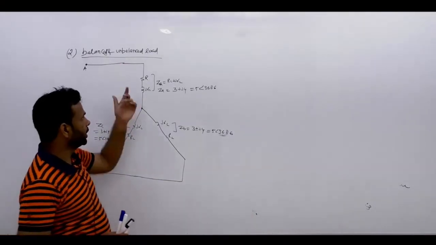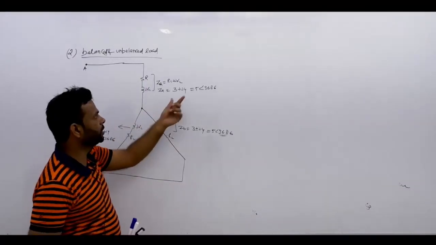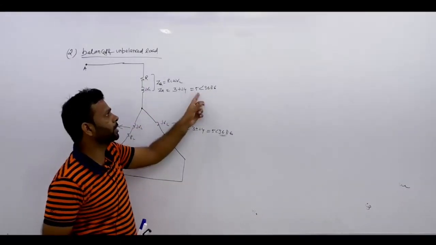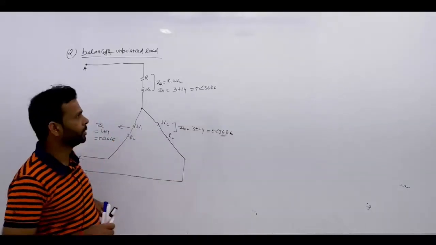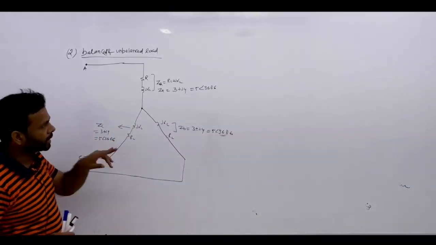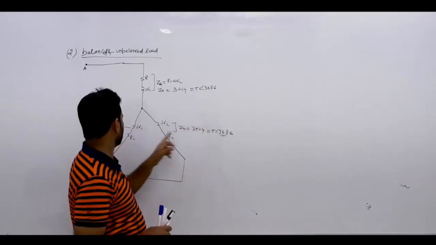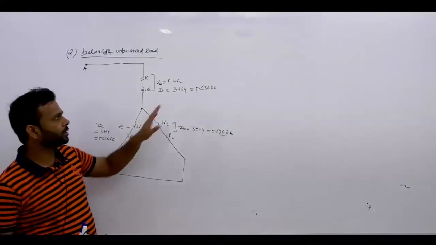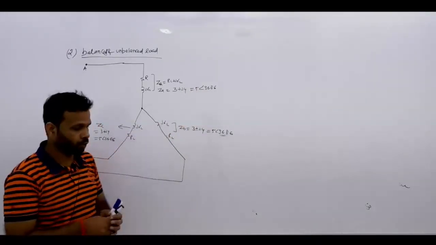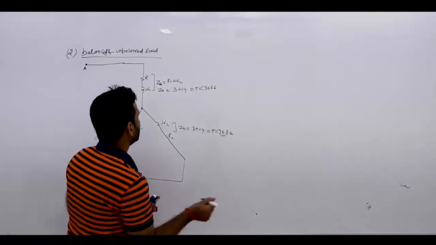Now, a load is said to be balanced when each phase is having same magnitude and angle. Second one: a load is said to be balanced when each phase is having same magnitude, and they are also having same X by R ratio. Why same X by R ratio? I will tell you.